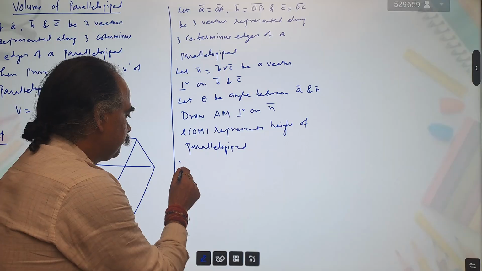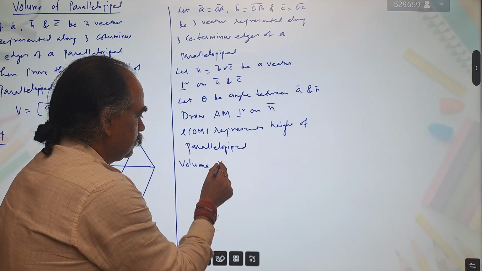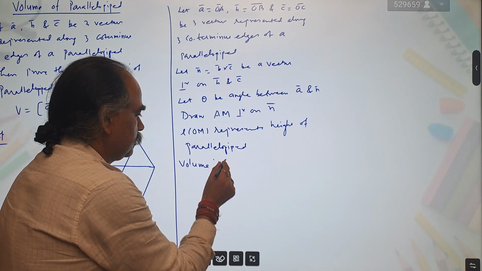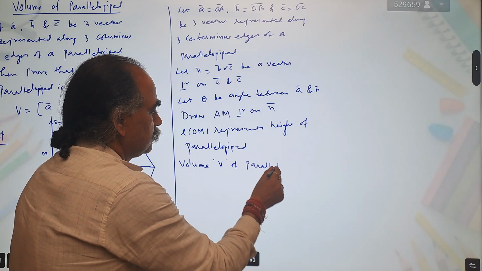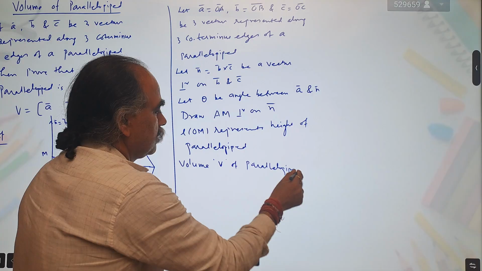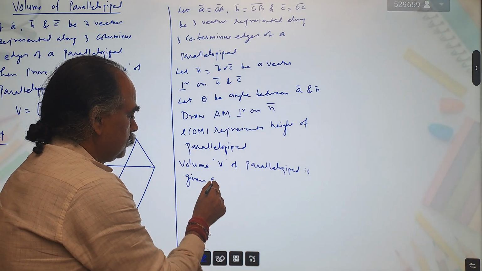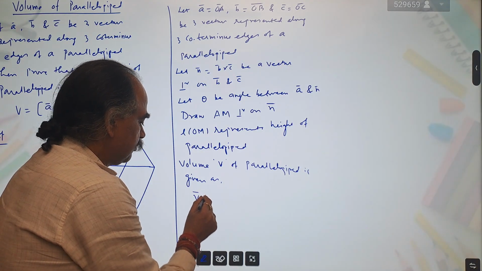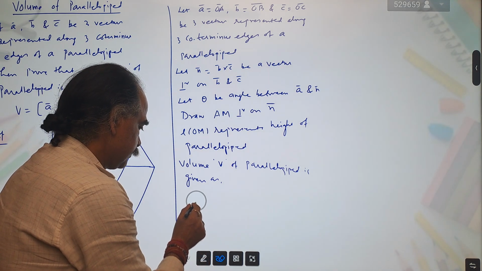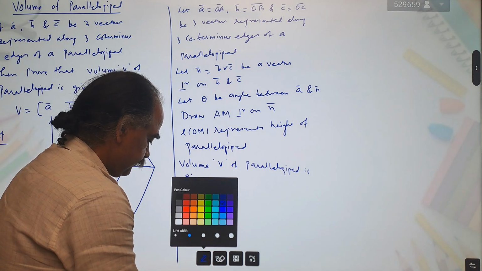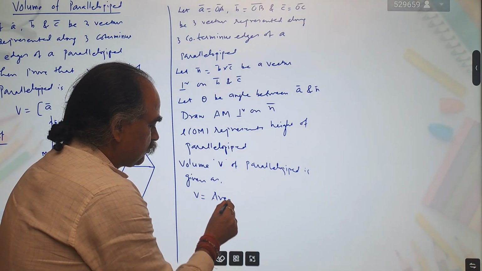Volume V of parallelepiped is given as V is equal to, sorry, area of base into height.